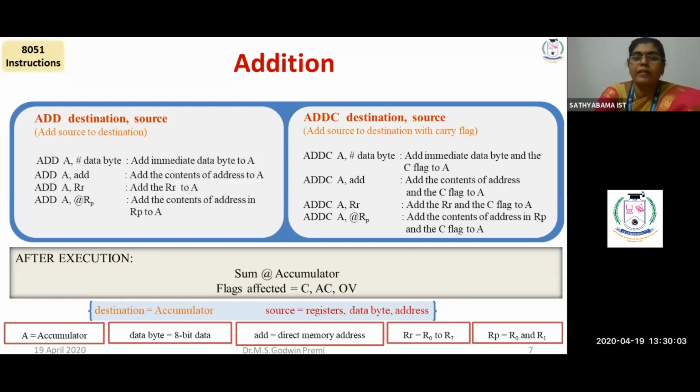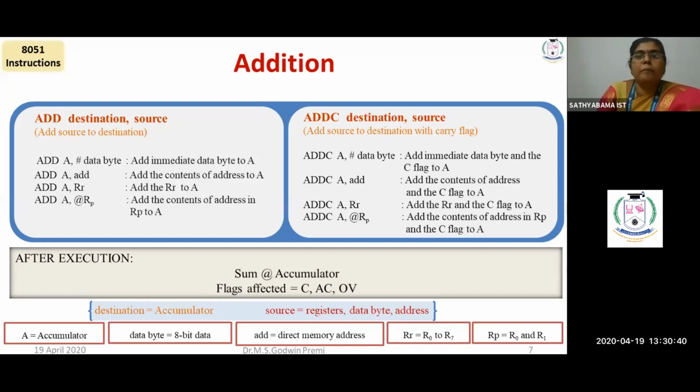Then what can be the source operand? It can be an immediate data byte, or a direct memory address, or a register bank register, or an address pointed to by the pointing register. Let us remember the source operands clearly. It can be immediate data, a direct memory address, a register R0 to R7 in the register bank, or an address pointed to by the pointing register.